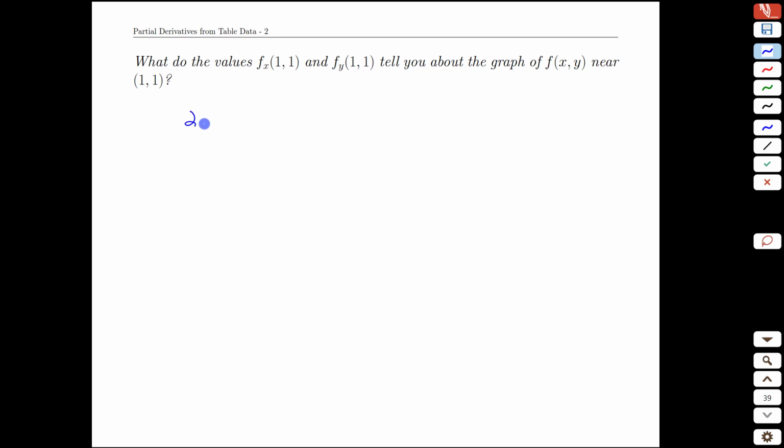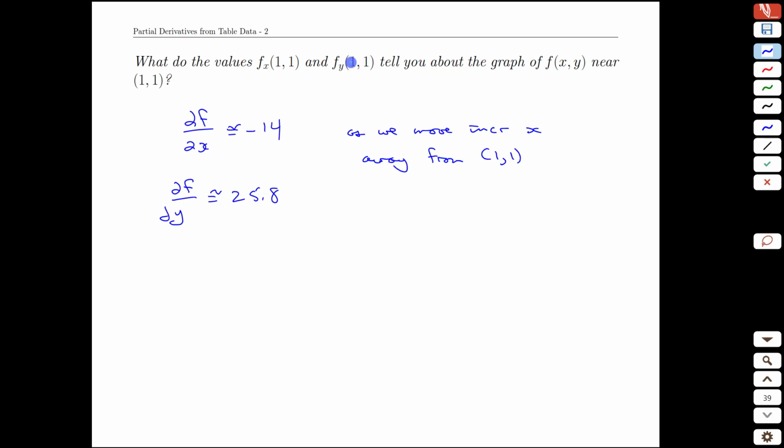Well, what does this tell us? If we had our function and we found the x derivative was approximately minus 14 and the y derivative was approximately 25.8, that would tell us that as we move in increasing x away from the point (1, 1), so that's where the reference point comes in, f decreases because the derivative was negative. f decreases at approximately 14 units per unit increase in x.